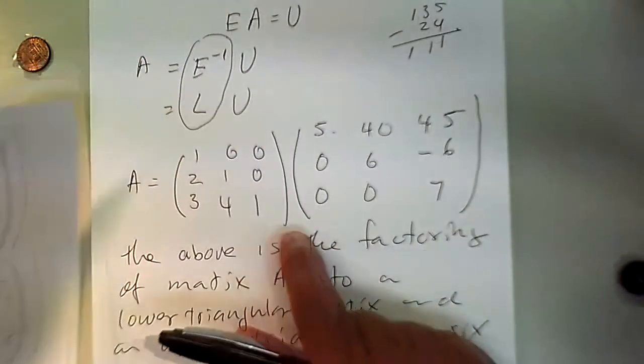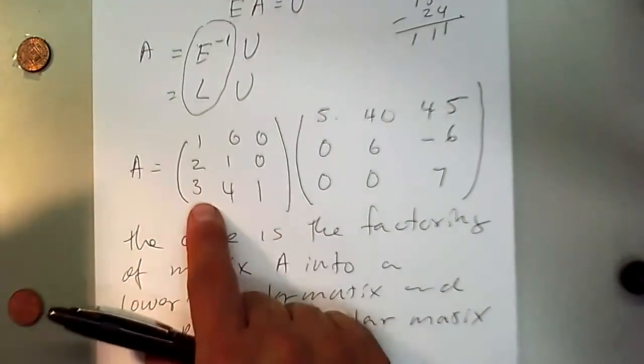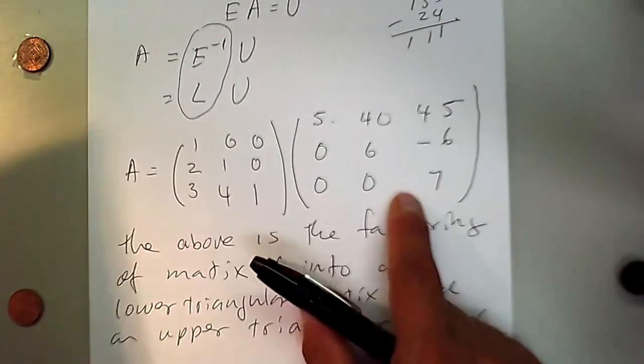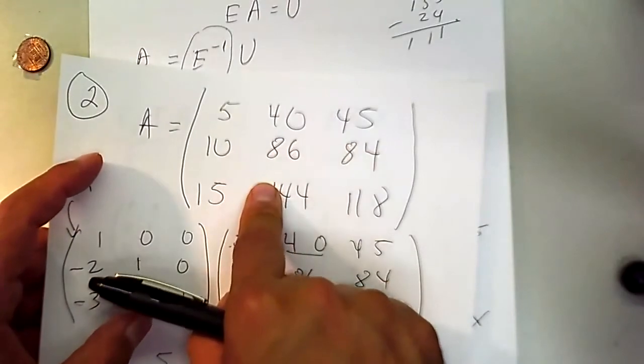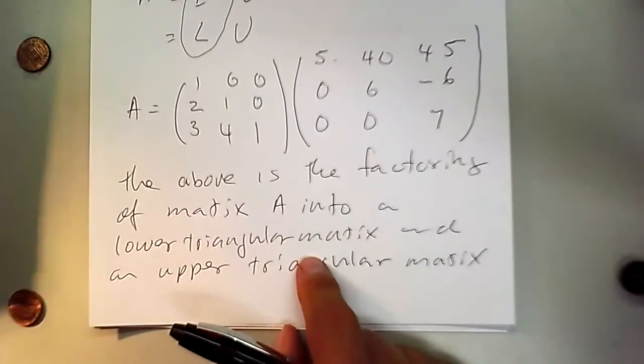Yep, so it works. I just double checked that those two multiply together. This is a lower, this is an upper triangular matrix. Multiply together give us exactly this matrix. So we have succeeded. This is correct. It's accurate.